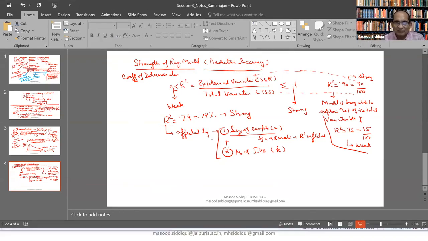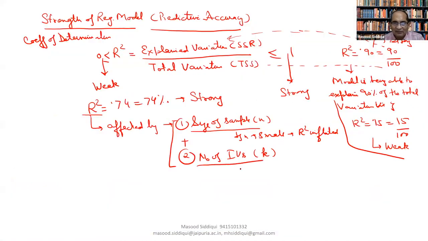Number of predictors means if K is large, R square being a non-decreasing function, if the number of independent variables is large, then R square again gets inflated. Means if we have a big model, with many independent variables, then R square will also be high. So these are the two weaknesses of R square.